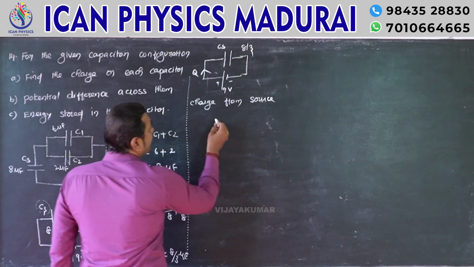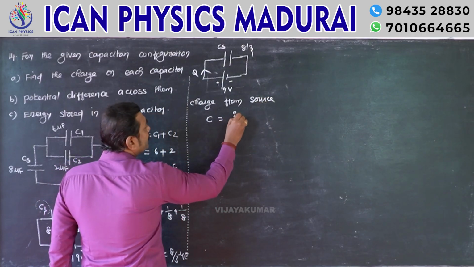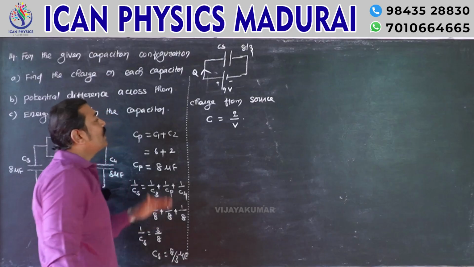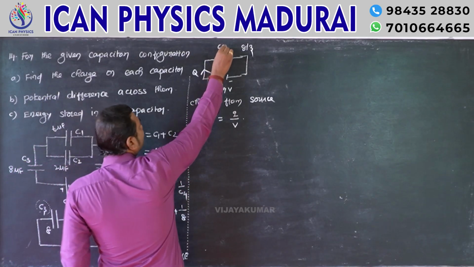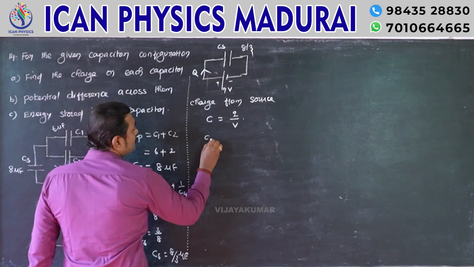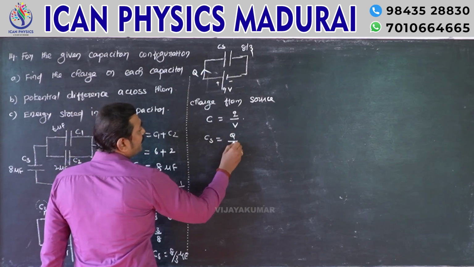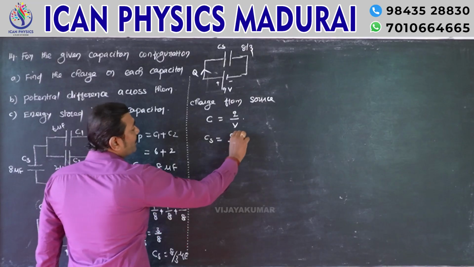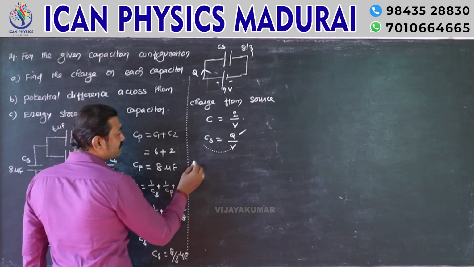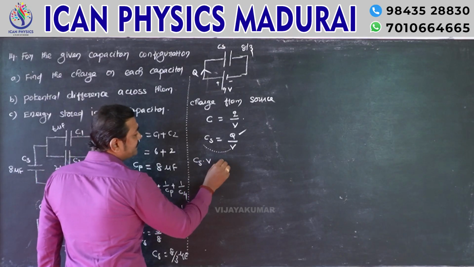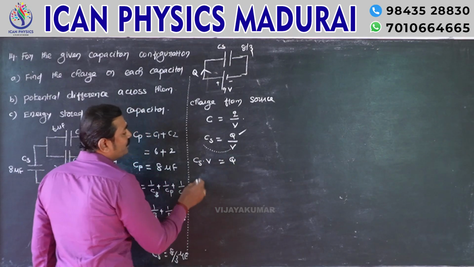So, C equals Q by V. Now, I want to modify this formula for our case. Cs equals capital Q divided by V. We are going to calculate only the charge, so the division by V becomes multiplication by V. So, Cs into V equals Q.